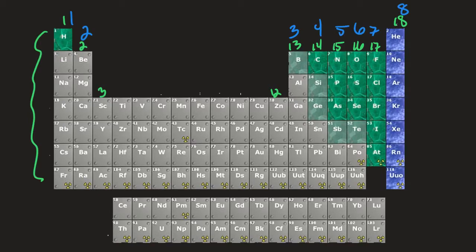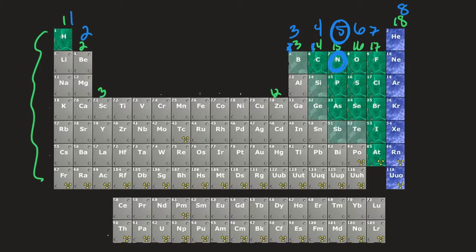That tells us how many valence electrons. You can think about that as just counting over 1 through 8, just the tall groups, or you can think about not looking at this 1. 13 becomes 3, 14 becomes 4, so on and so forth. So if I'm looking at nitrogen right here, nitrogen has 5 valence electrons.